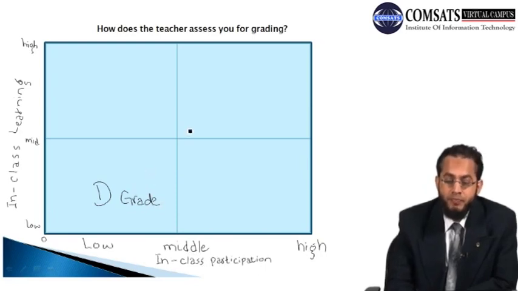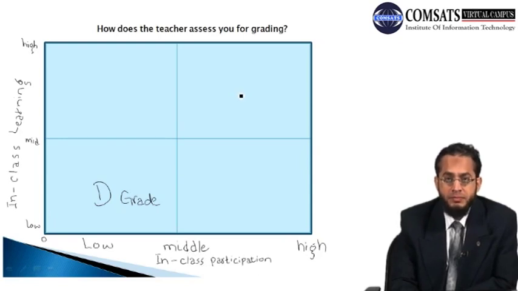Versus that person, अगर आप देखें upper right corner, now I hope you all see that here. This is the quadrant that tells you that your class participation is high, as well as your in-class learning is high. Why?